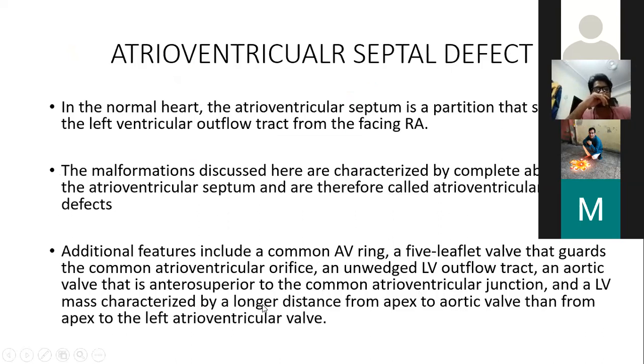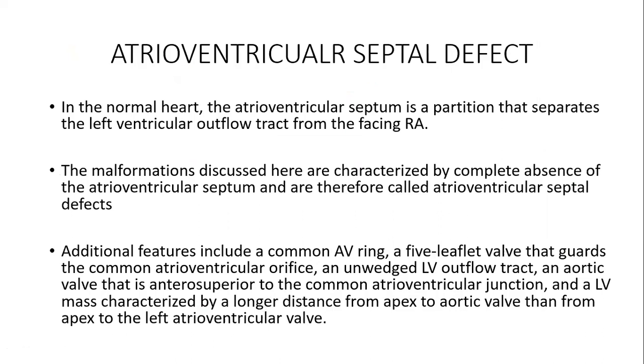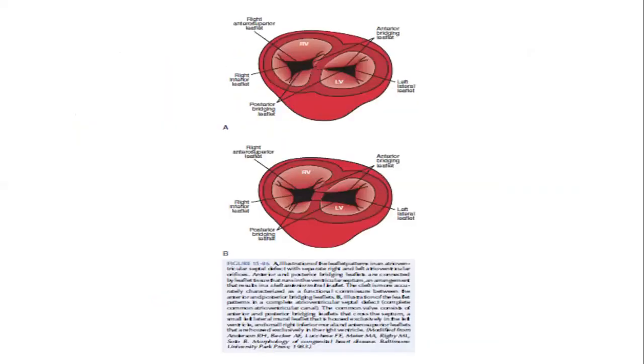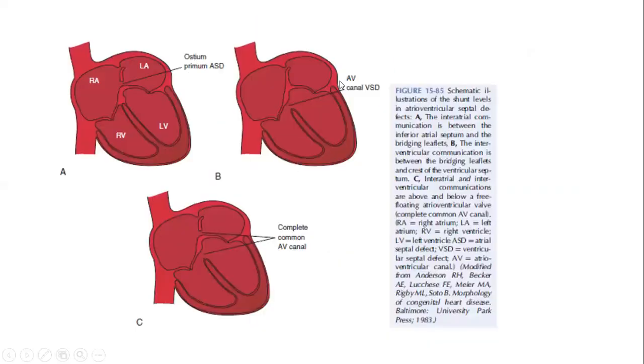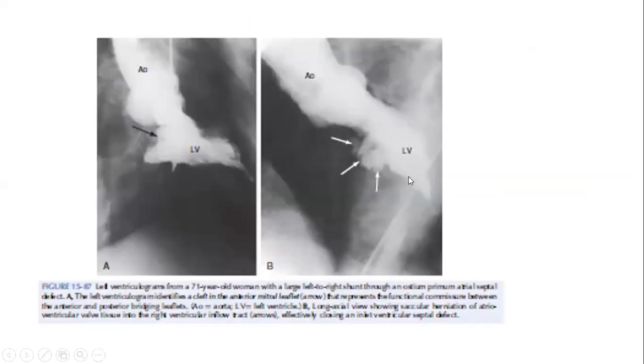The LV is characterized by the distance between the apex and aortic valve being longer when compared to the distance between the AV valve and the apex. It means this distance is larger when compared to this distance. This is the AV valve area. So this is smaller and this is larger, and the LV outflow is usually elongated.